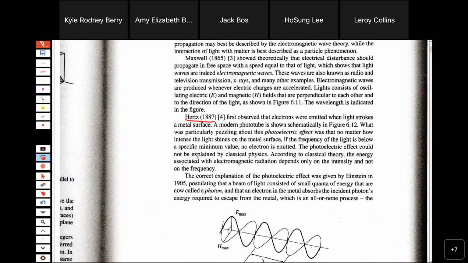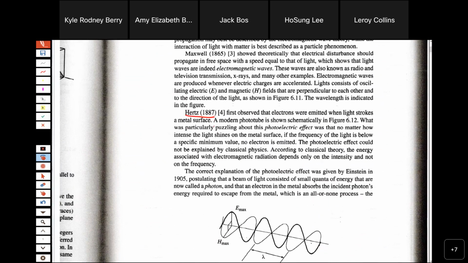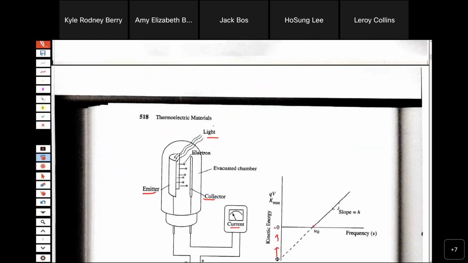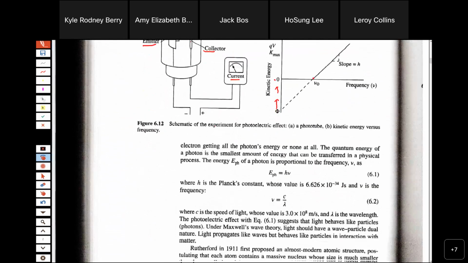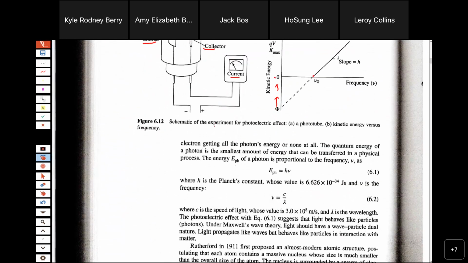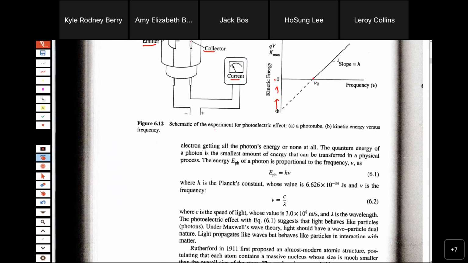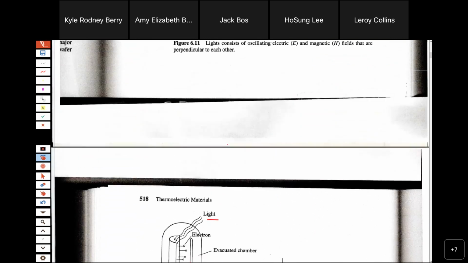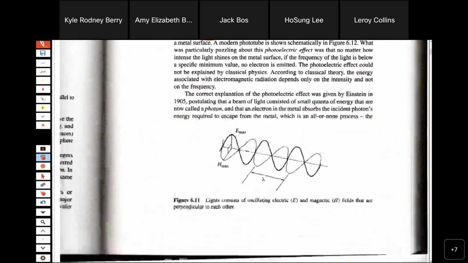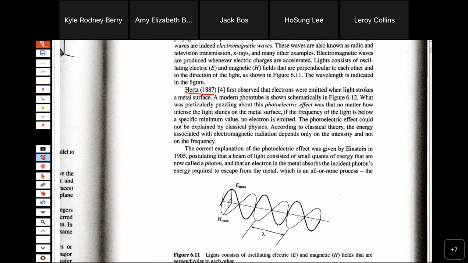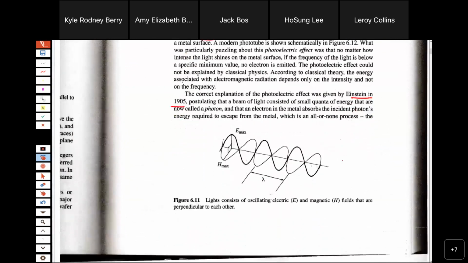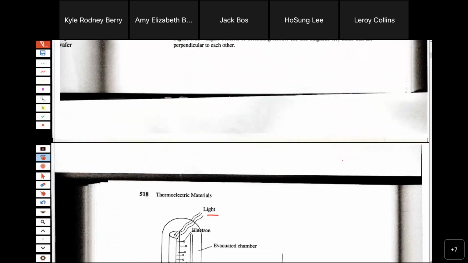And then finally Einstein, I think 1905, discovered the photoelectric effect.